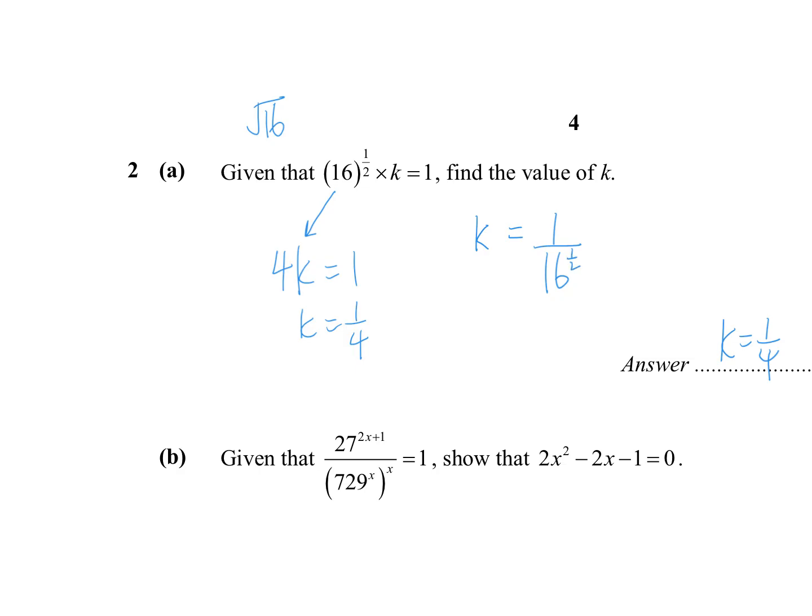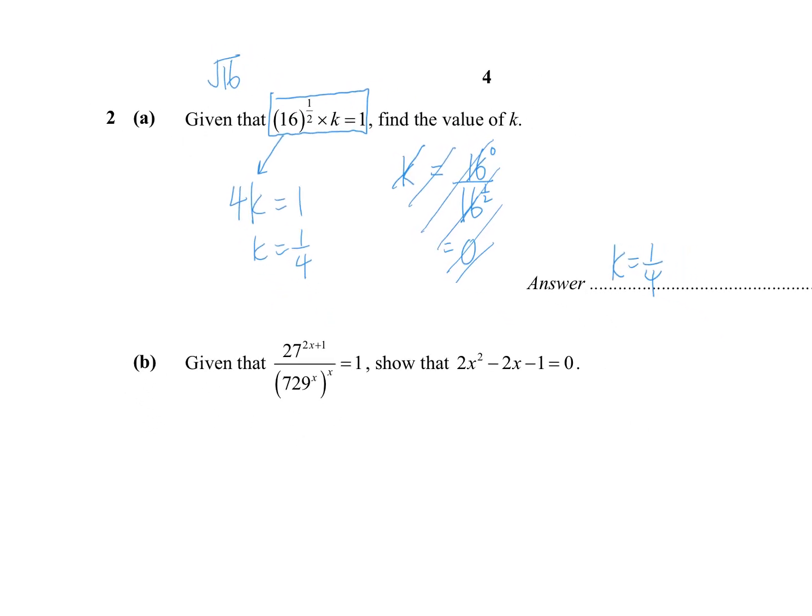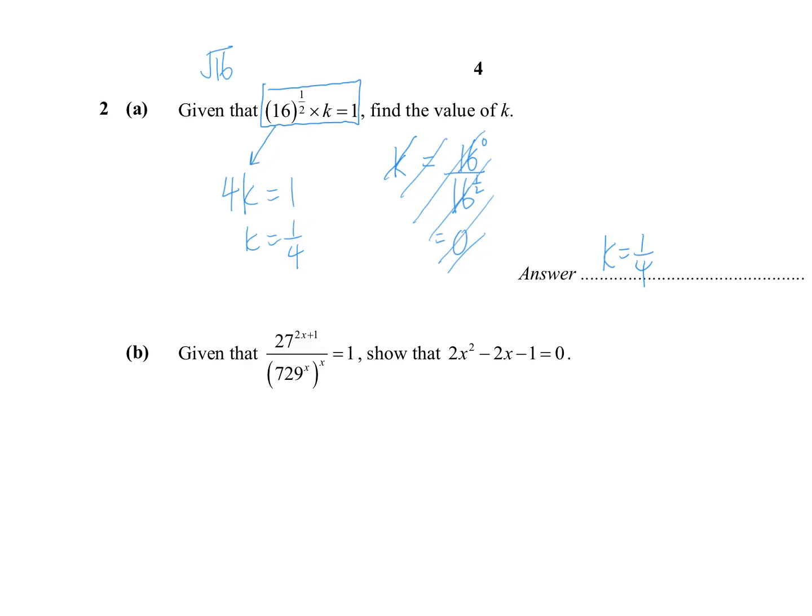You see it as power half, then you change the 1 to 16 to the power of 0. Then you cancel, then you give me 0. So I got heart attack. Please, this question is as innocent as it looks. Don't overcomplicate things and come up with your own rules that don't exist.